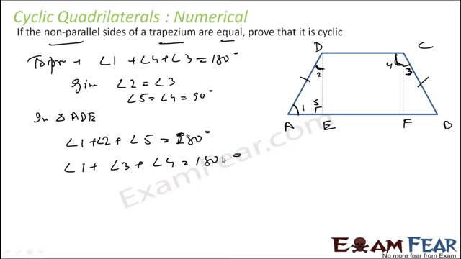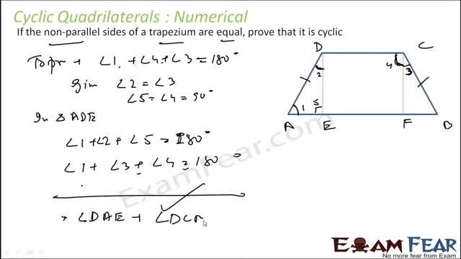And that is what we have to prove: angle 1, 3, 4 is 180 degrees. So I can say that angle 1, that is angle DAE, plus 3 plus 4, this whole angle, that is angle DCB, is 180 degrees. And that is the property of a cyclic quadrilateral: the opposite angles sum to 180 degrees.